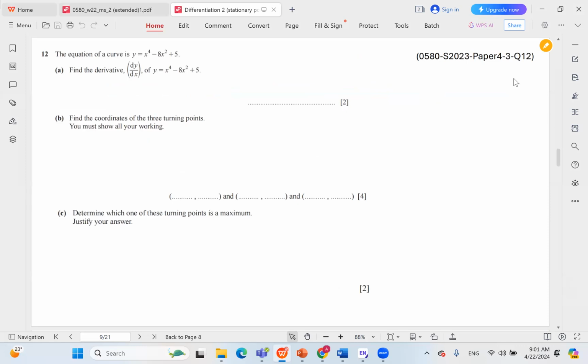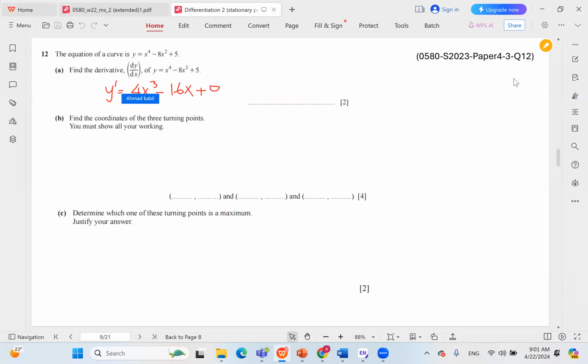The equation of a curve is y equals x power 4 minus 8x power 2 plus 5. Find the derivative dy by dx of y equals, and we have the same equation written again. So the derivative simply will be 4x power 3 minus 16x plus 0. This is y dash, of course.